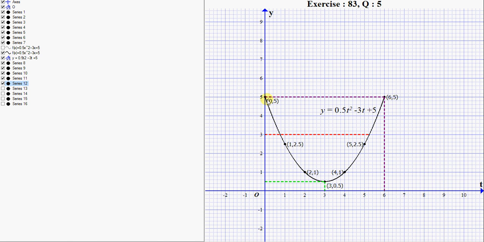So we'll get the first point here, we'll get the value of t here, and it will be 0.76, that is t starts from 0 to 0.76. This is the first range.